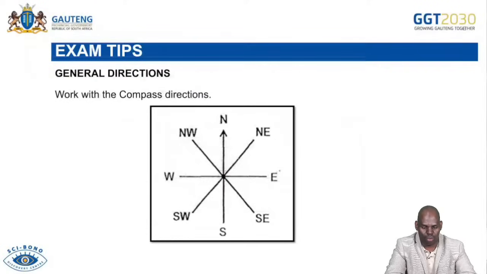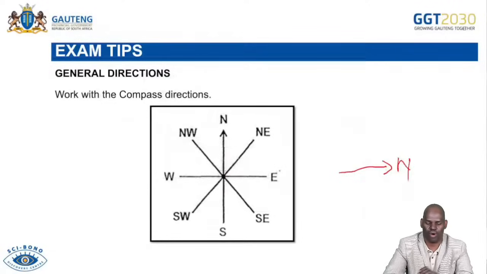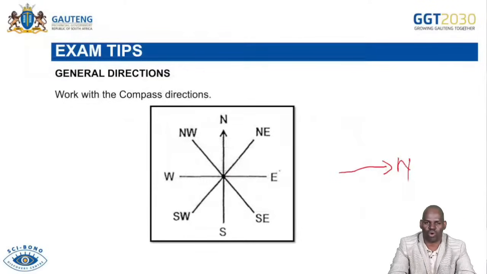So you must always be careful, check where north is pointed. If north is pointed in a different direction, it's going to change everything. So what are you going to do? You're going to turn your paper so that the north faces up. Then from there you will be able to complete it.